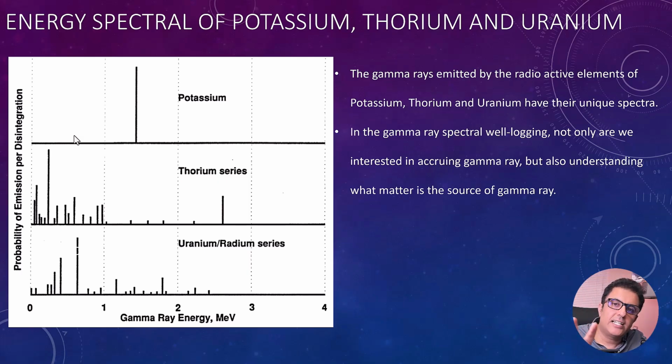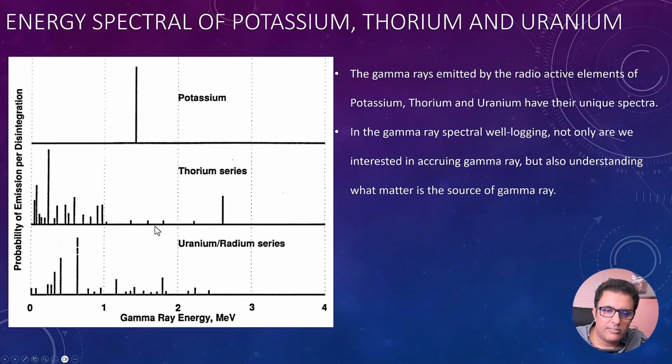what element has produced that gamma ray. For example, whether the gamma ray that we are reading is mostly produced by potassium, thorium, or uranium. And how are we able to do that? We just need to measure the energy of the gamma ray. If we look at the gamma ray energy spectrum, we're going to see that potassium has a specific energy.